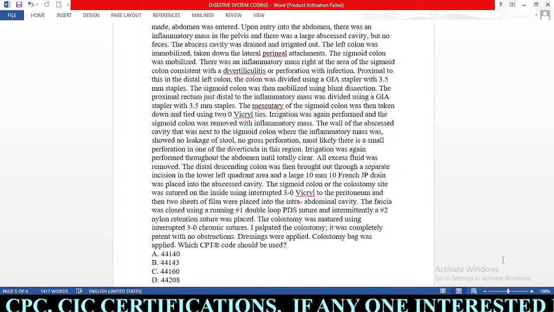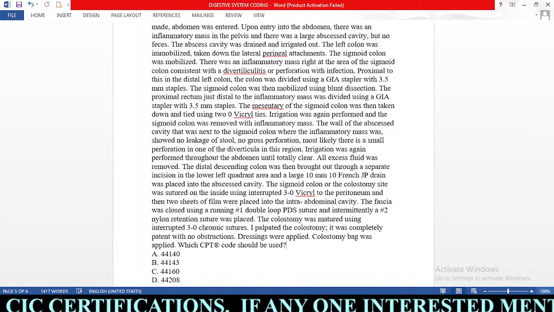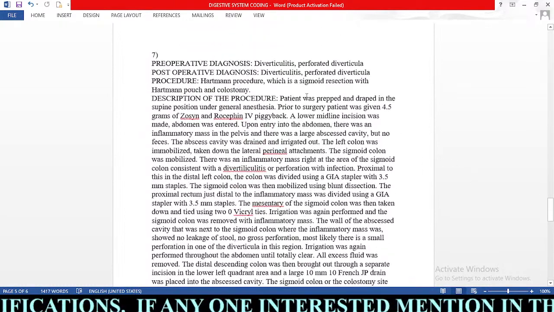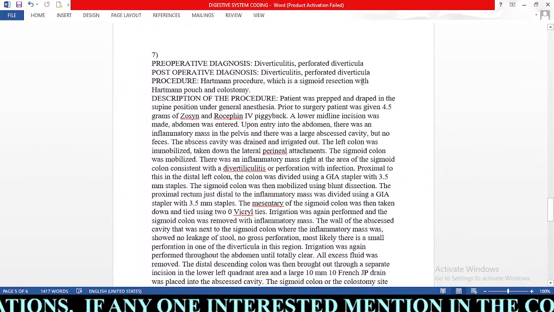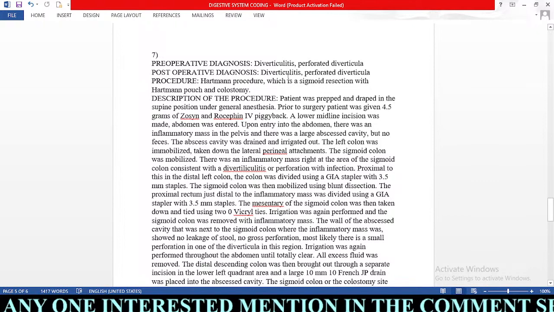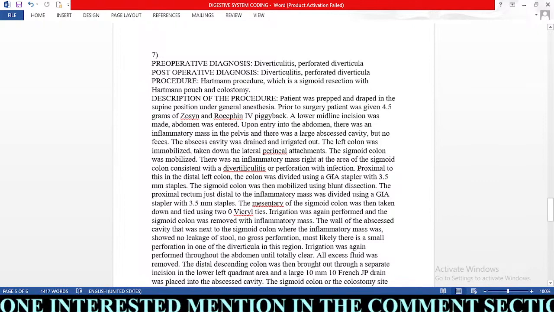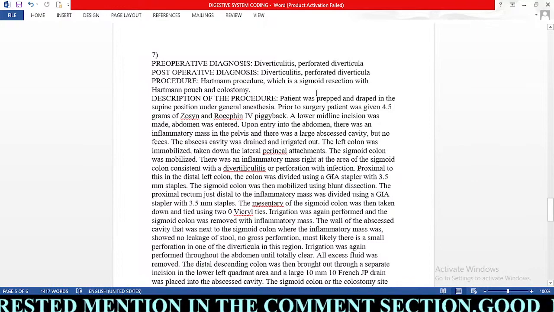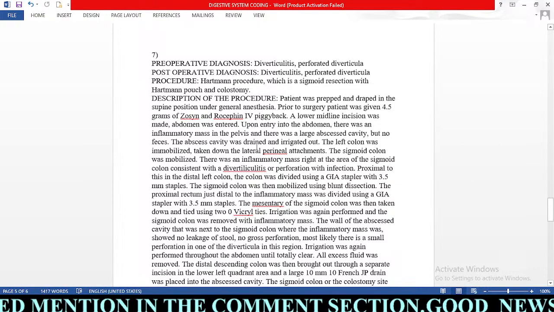Okay, guys, we will start our keyword finding. So patient has diverticulitis, perforated diverticula. Basically, it is inflammation of the diverticulum. Here the procedure is Hartmann procedure, which is a sigmoid resection with Hartmann pouch and colostomy.